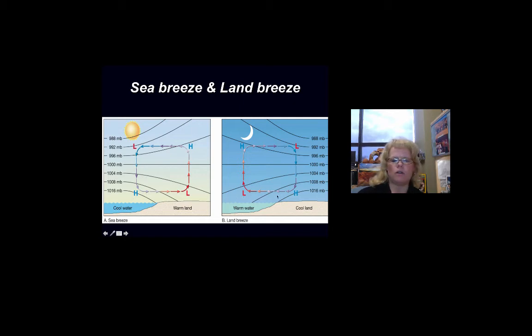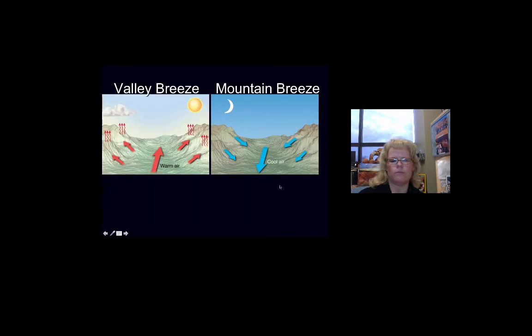The opposite rotation happens during the nighttime, where the land is cooler, producing a high, and then it reverses its order. It actually goes in this direction. So they operate in opposite directions, whether it's day or night. This one goes counterclockwise, and this one goes in a clockwise manner.